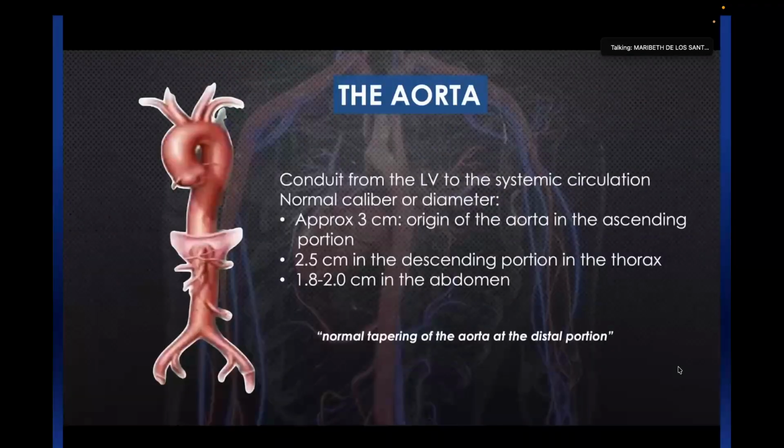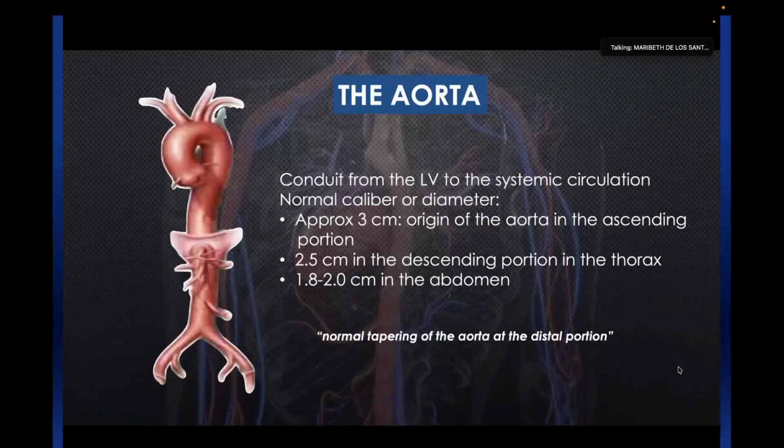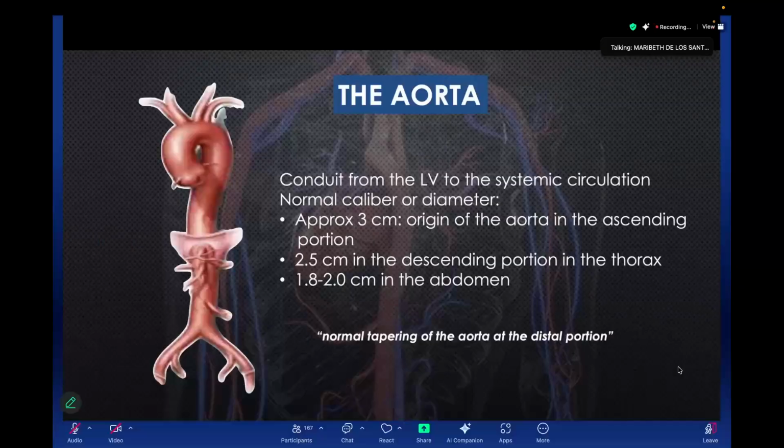Now, the aorta is a conduit from the left ventricle to the systemic circulation. The normal caliber or diameter at the origin of the aorta in the ascending portion is approximately 3 centimeters.